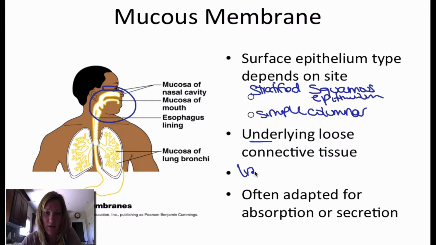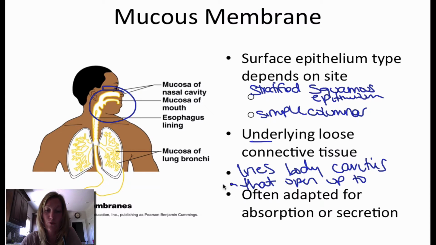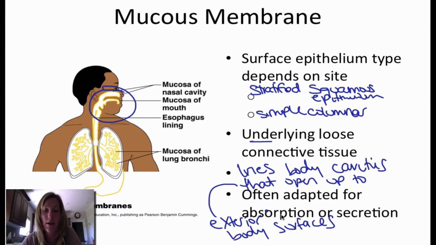In addition, this will line body cavities that open up to exterior body surfaces. And then the last little part about mucous membranes is they're often adapted for absorption or for secretion.